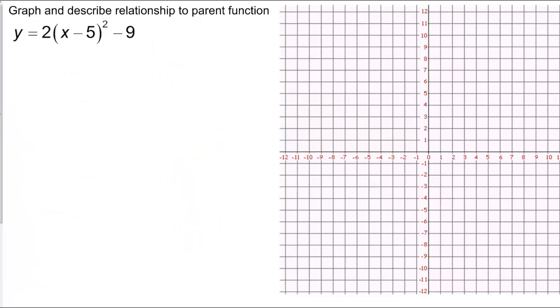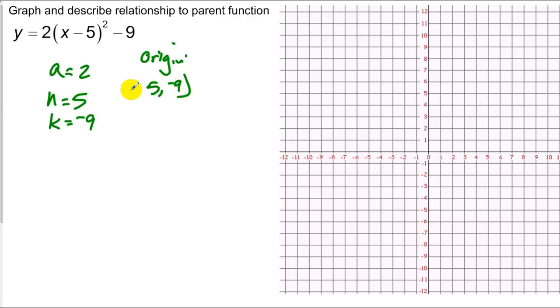Got one more. We'll combine everything together now. We have an a value, 2, h value, 5, k value, -9. So this means our origin is at 5 and -9. We're looking at our parent function 0, 0, 1, 1, 2, 4.